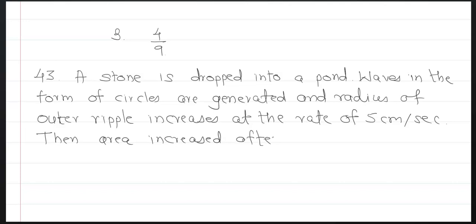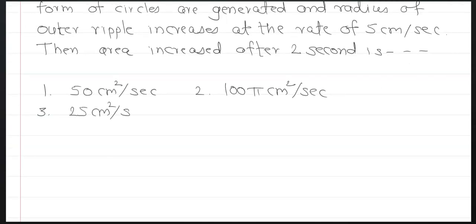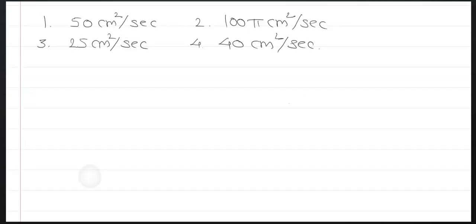Then the area increased after 2 seconds is. The first is 50 cm per second, second is 100 pi centimeter square per second, third is 25 centimeter square per second, and fourth is 40 centimeter square per second.